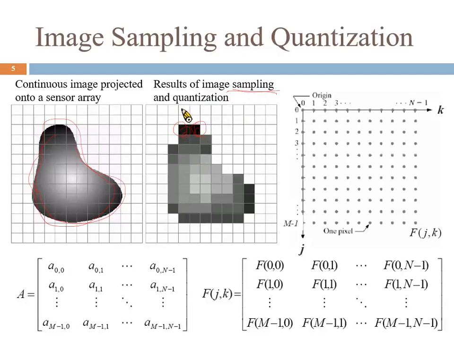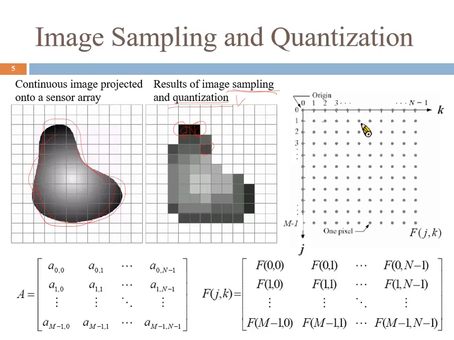And about quantization, we have to decide, from the lowest intensity value to the highest intensity value, how many bits to use to represent the intensity value. So this determines the quantization level. Here is an example.